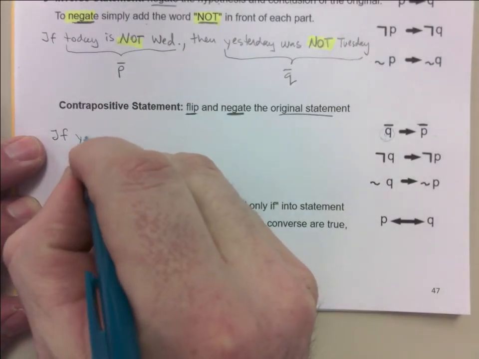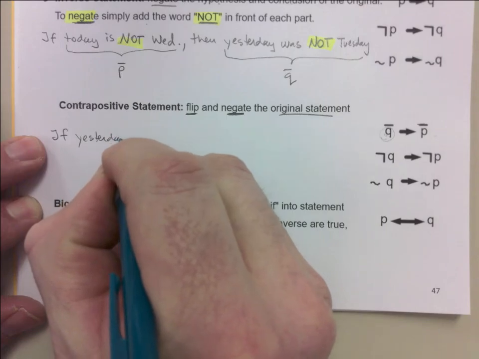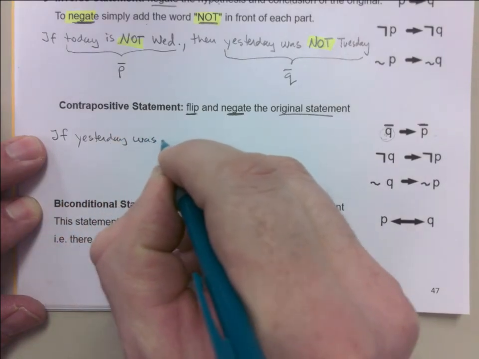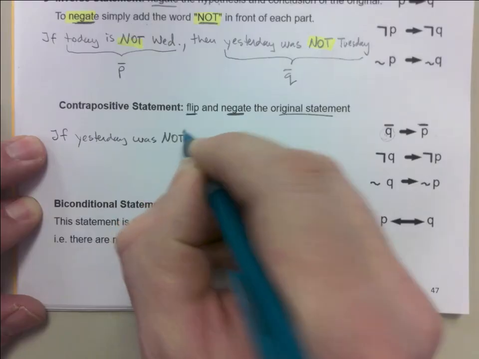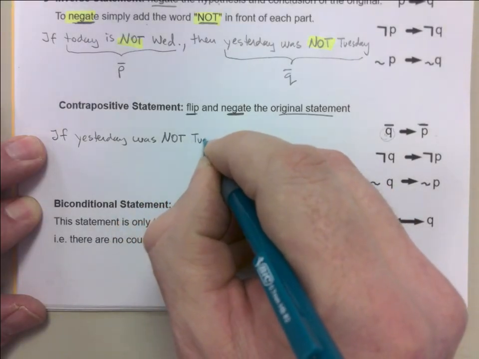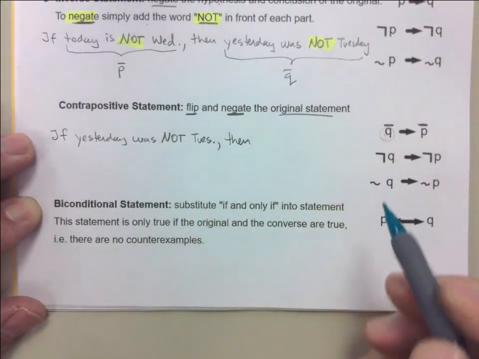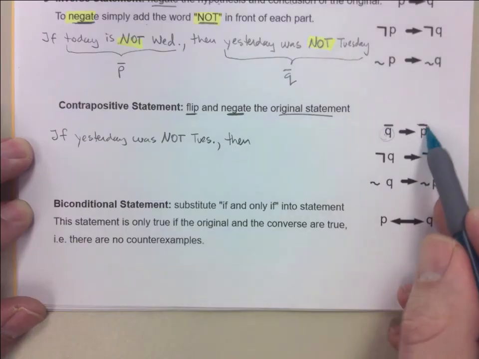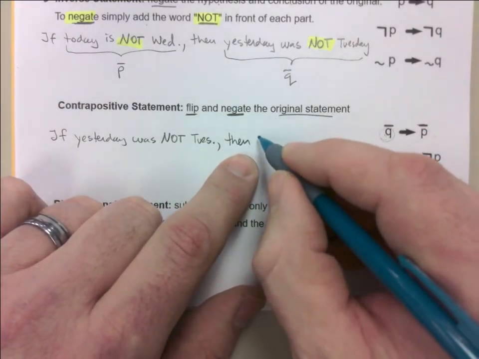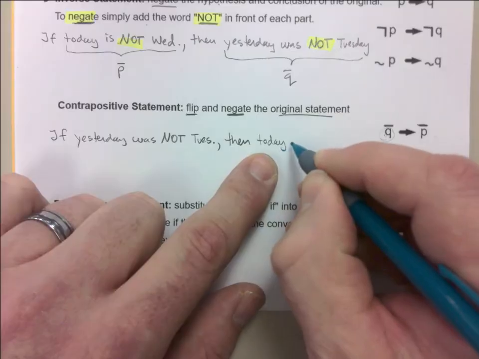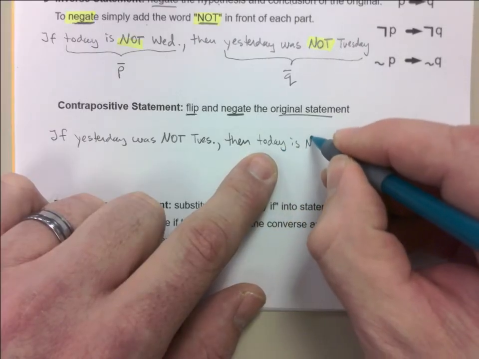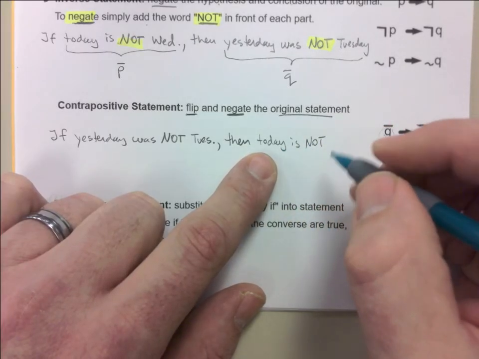If yesterday was not Tuesday, then, so we're supposed to take P now and negate it. Then today is not Wednesday.